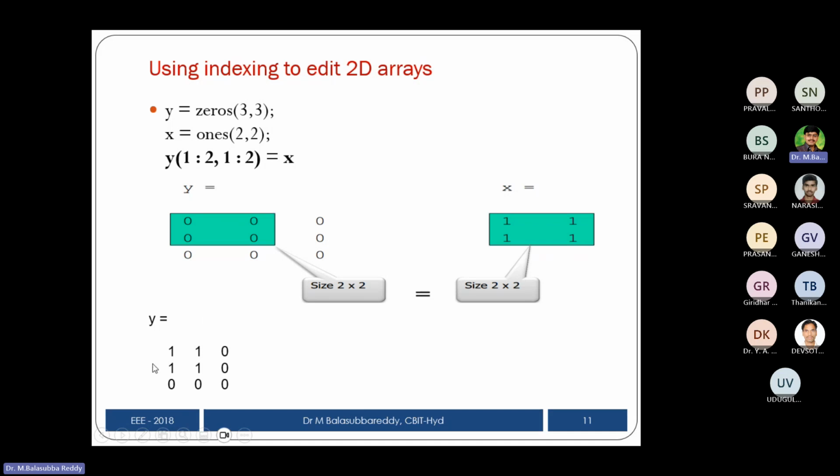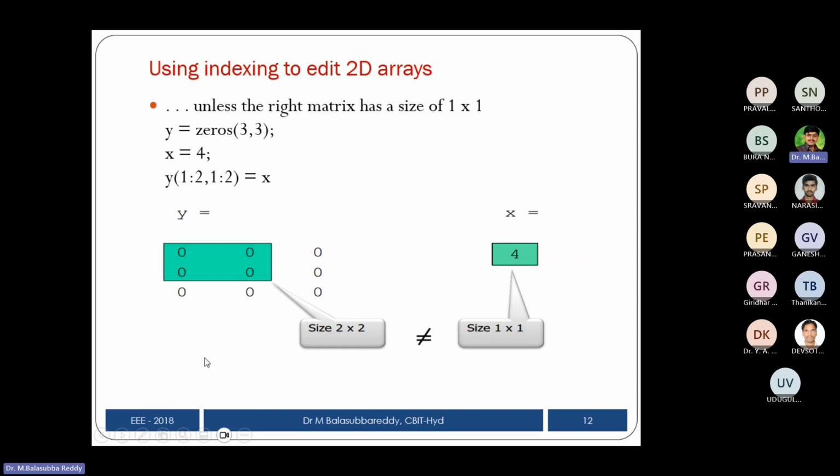Then easily your answer will be y is equal to this one. And similarly, if I assign this way, I mention rows 1 to 2 and columns 1 to 2, meaning the 2 by 2 portion of the matrix is equal to x.